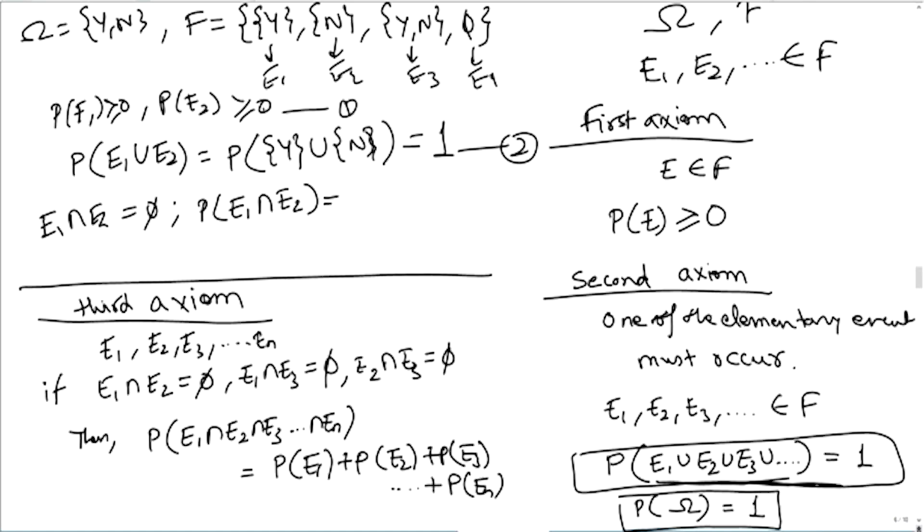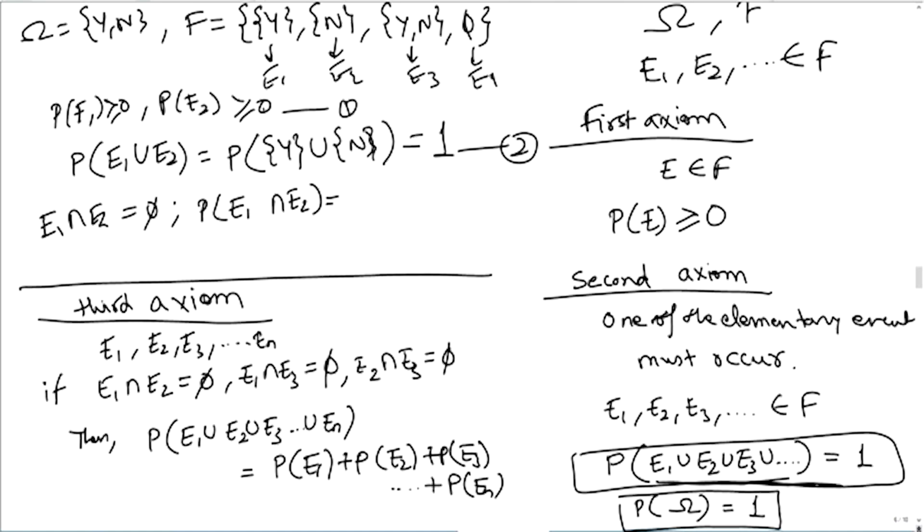I made a mistake here, it is not E1 intersection E2, pardon me. In the third axiom, it is not intersection, but the union. So, if events are mutually exclusive, then the probability of the union of these events is equal to the summation of their individual probabilities. Okay. So, that is what applies, not the probability of their intersections, but the probability of their unions.